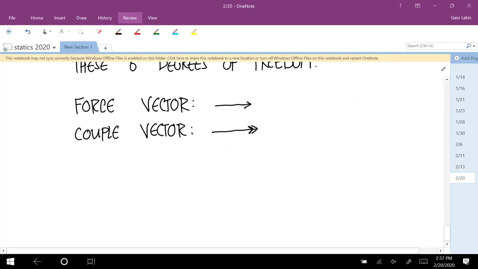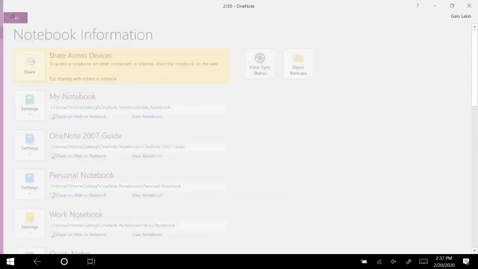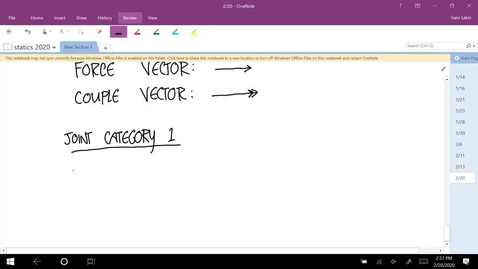Okay, so I'm going to start with joint category 1. So these are the joints that apply a force with a known direction.